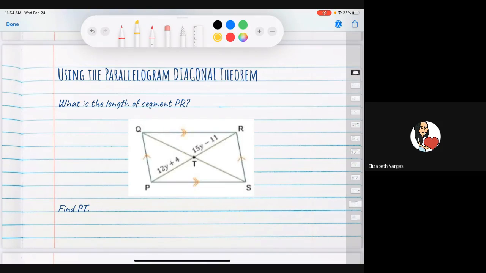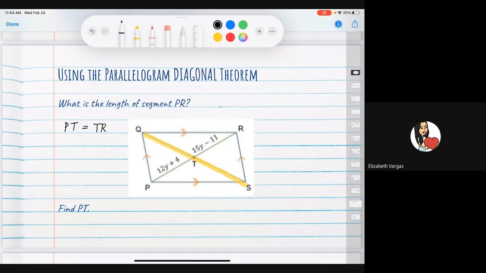I know that those two halves must be equal to each other because this diagonal right here cuts them into two congruent halves. So that would tell me that PT is congruent to TR, which means that I can plug in the different equations I have, solve for y, and then plug it back in.